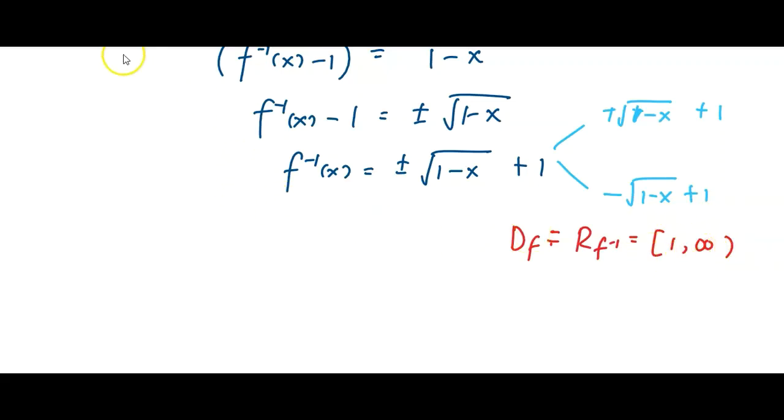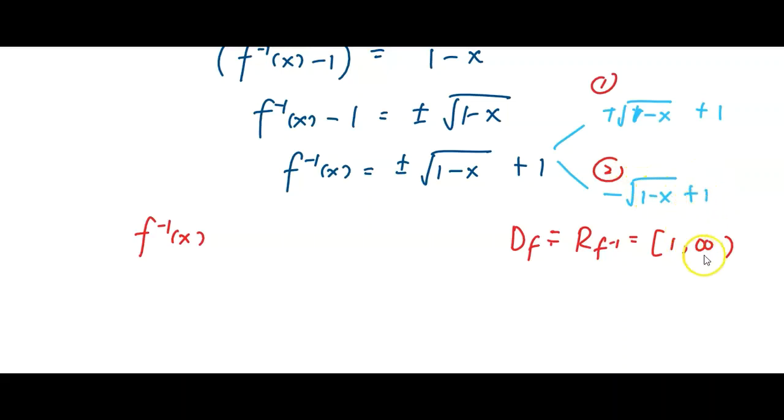Now, f inverse will be either the first function or the second function. The first function given here is a positive number plus positive number. For sure, it will always be positive. And the second function is a negative number plus 1. So it will produce a number that can be negative, and it has a chance to get 1.